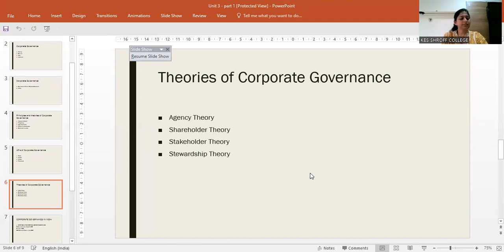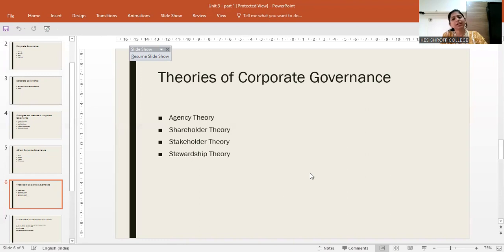Stakeholders cover your shareholders, your employees, your suppliers, your customers, your community. Therefore, this whole group should get the benefits from the company. So, according to stakeholder theory, a business leader is supposed to balance between shareholder interests as well as other stakeholders' interests.